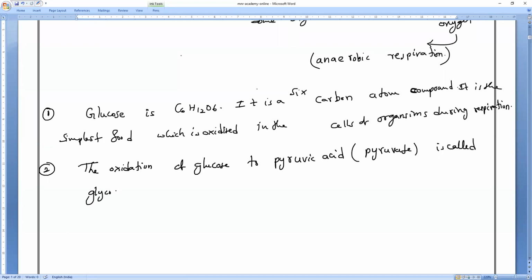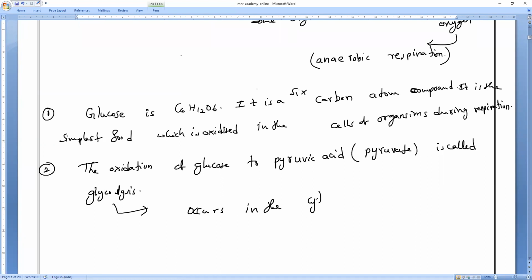Very, very important. Sir, what is the difference between glucose and pyruvic acid? That we will also discuss. So glucose converting into pyruvic acid, that process is called glycolysis.